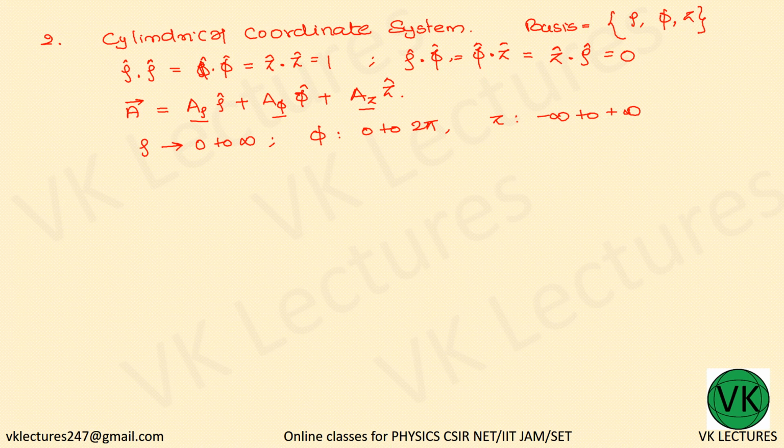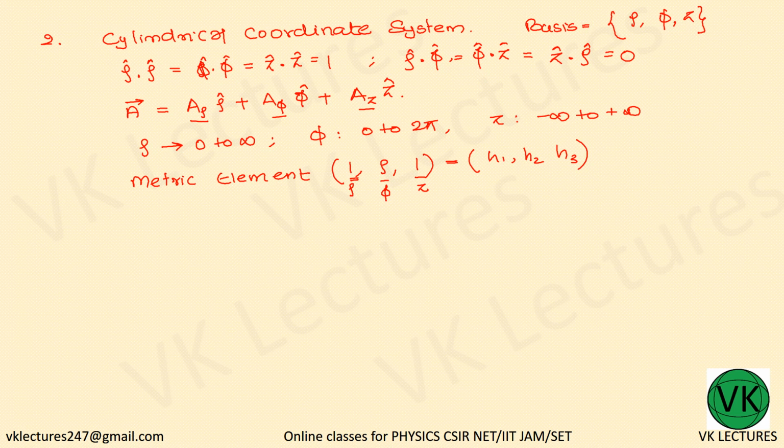Okay, so the metric elements are denoted by h1, h2, h3, and for the cylindrical coordinate system it is 1, rho and 1. That is, the metric element corresponding to rho is 1, the metric element corresponding to phi is rho, and the metric element corresponding to z is 1.